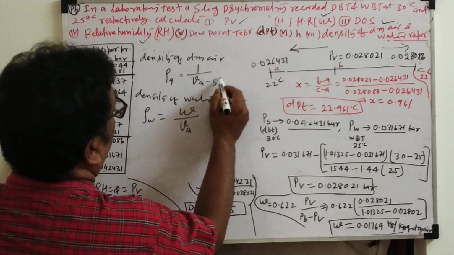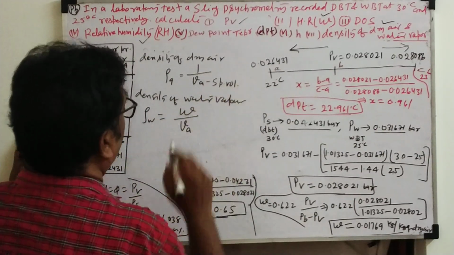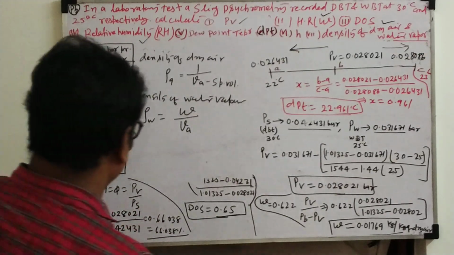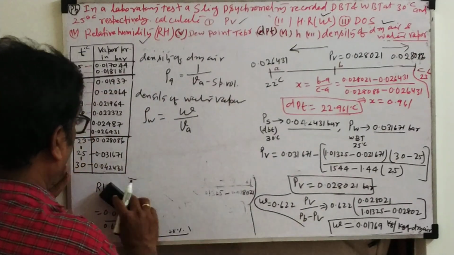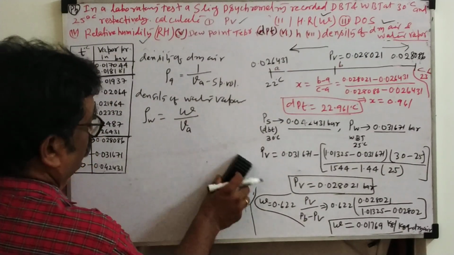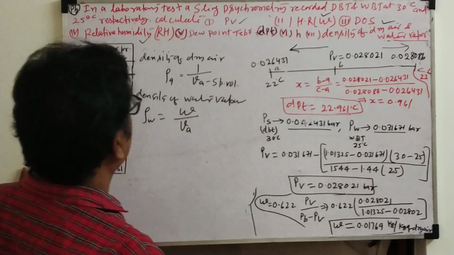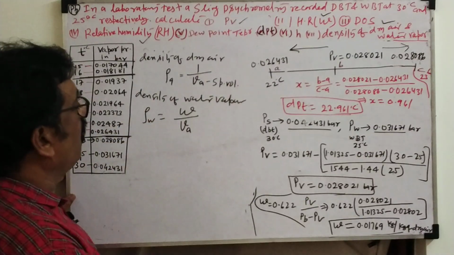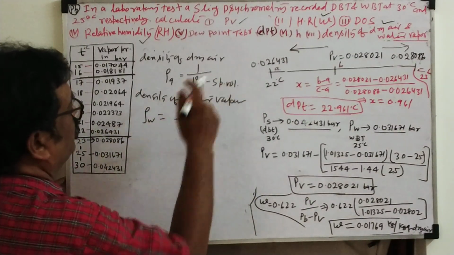This is known as specific volume. So if you know the specific volume, we can calculate the density of dry air and density of water vapor. How will we get the specific volume?